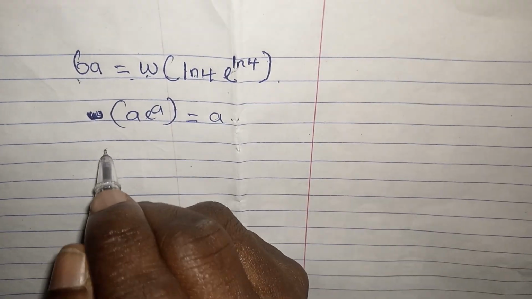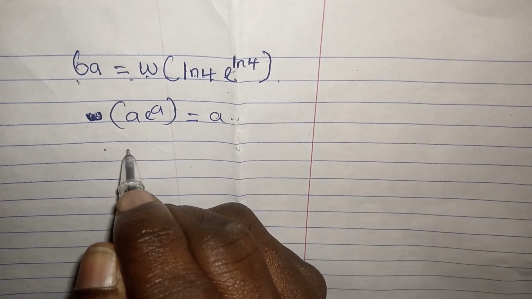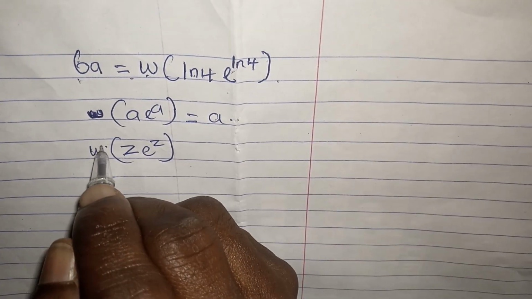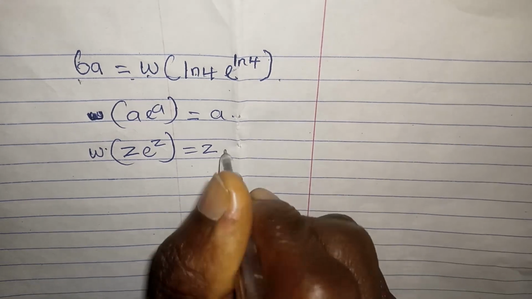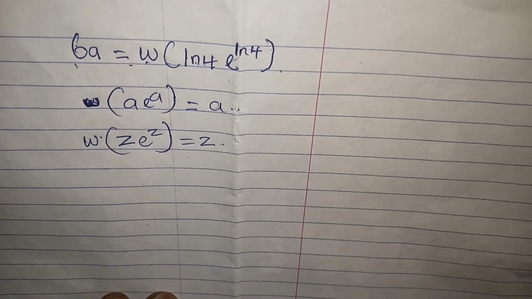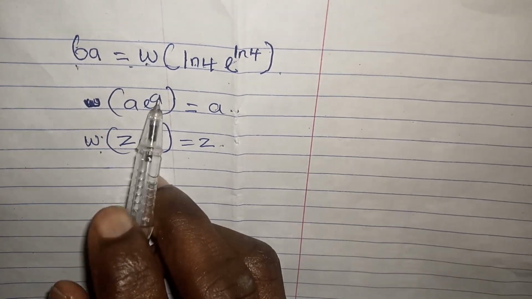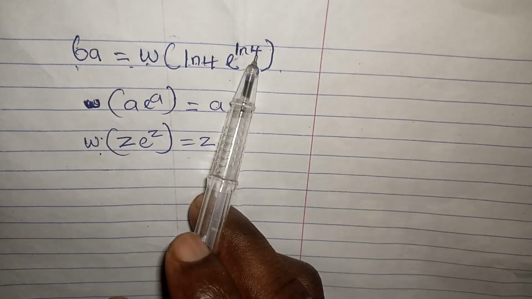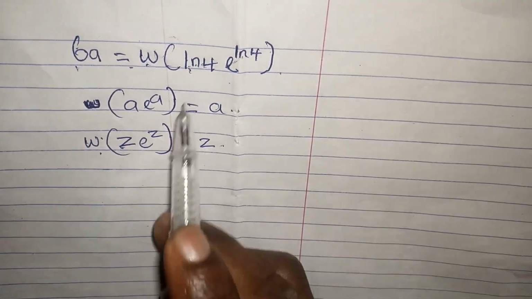And if we also do the same thing for z, if we say z exponential z, we take the Lambert W function of it, it also equals z. So if I put this principle here, we have the Lambert W function into ln of 4 exponential ln of 4. In the place of z, we can say this is z and this is z.